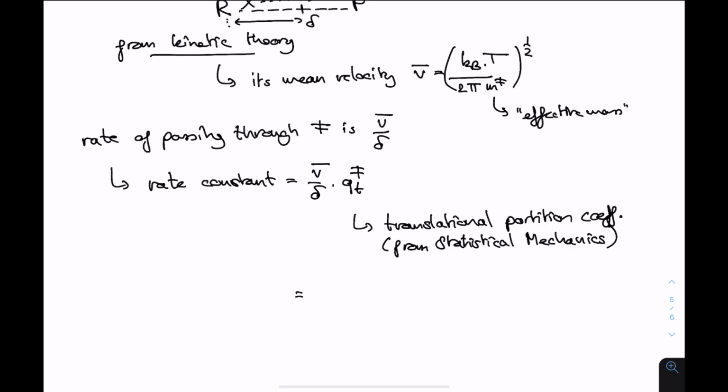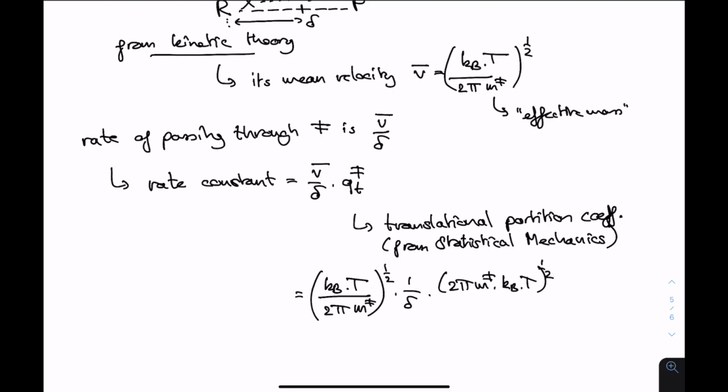So we can rewrite that as kBT over 2 pi m of the transition state times 1 over delta times 2 pi m transition state times kBT to the half, over Planck constant times delta.